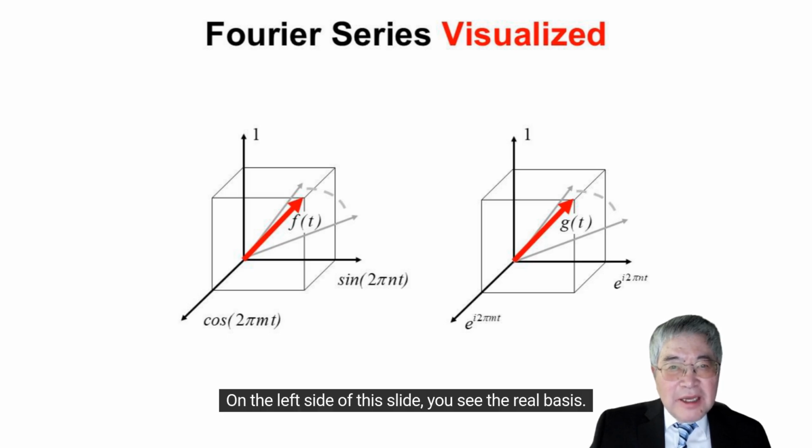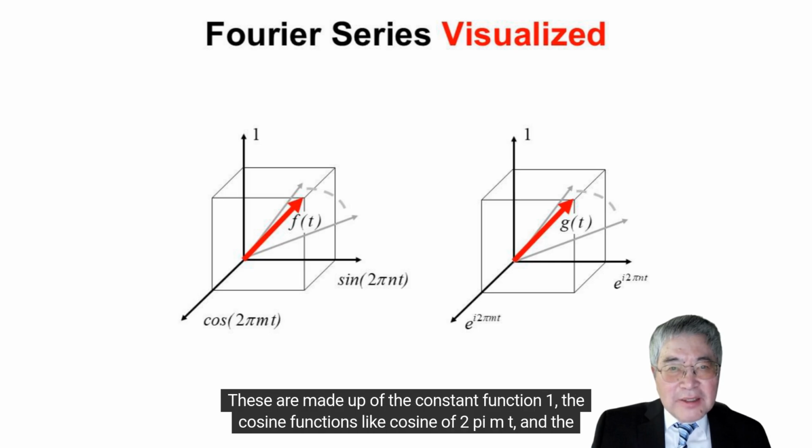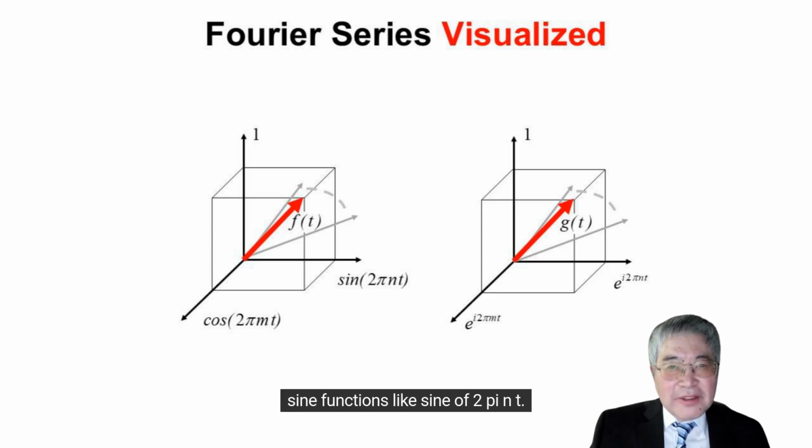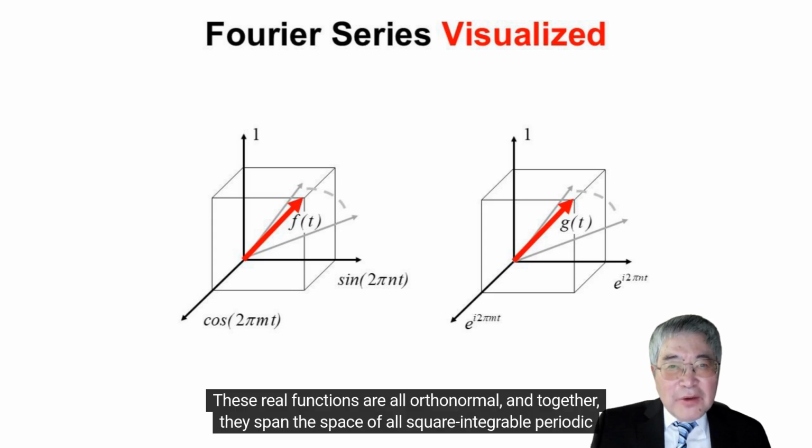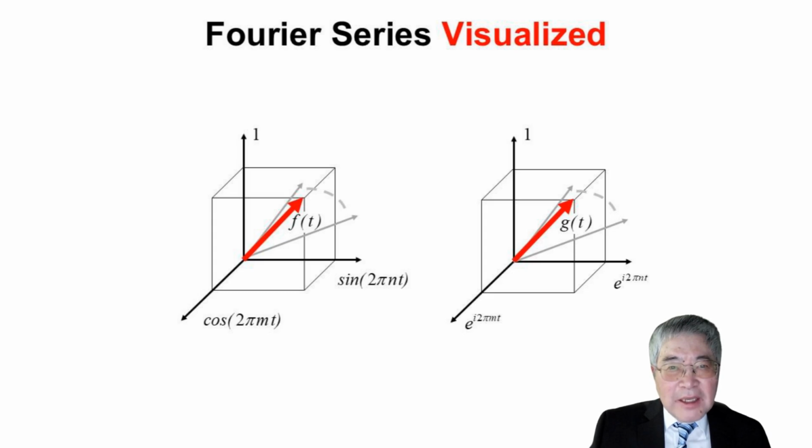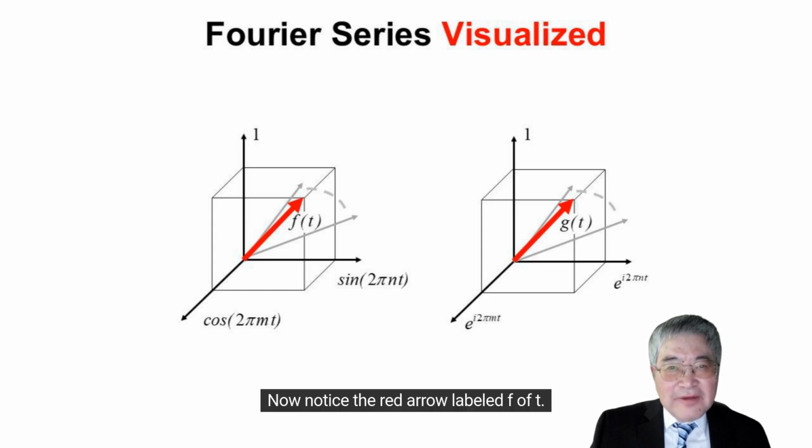On the left side of this slide, you see the real basis. These are made up of the constant function 1, the cosine functions like cosine of 2 pi nt, and the sine functions like sine of 2 pi nt. These real functions are all orthonormal, and together they span the space of all square integrable periodic functions. Now notice the red arrow labeled f(t). That red arrow represents a function.